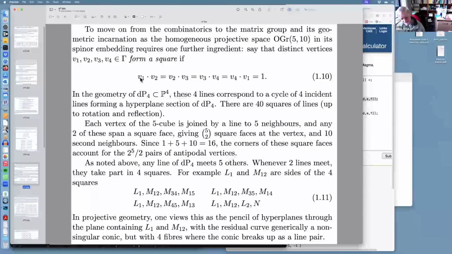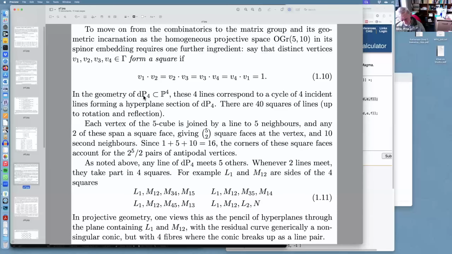So let's take 4 lines like this, 4 lines in space, with the property that they meet as a ring. Yeah, I've got 4 straight lines in P4. I'm sorry, there are 4 lines in P4, and they meet as a kind of cycle, as a wheel. Yeah, and that means that on DP4 they form a curve of genus 1.